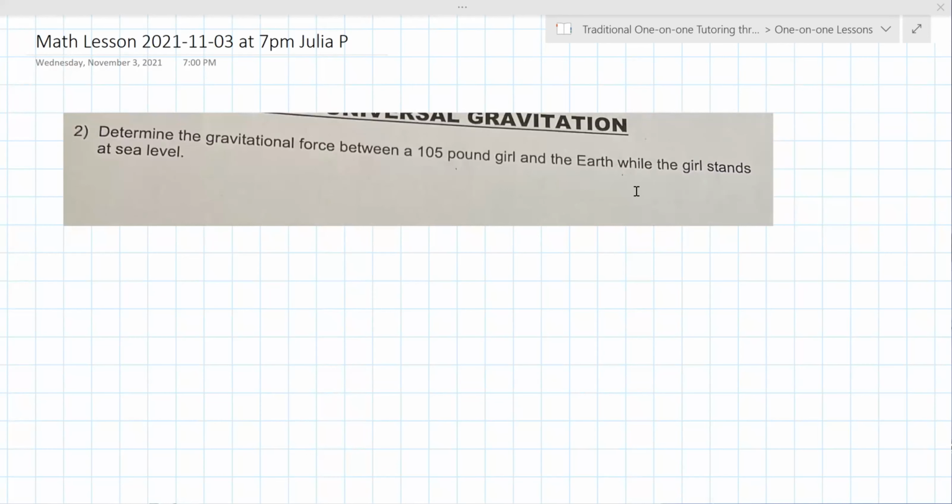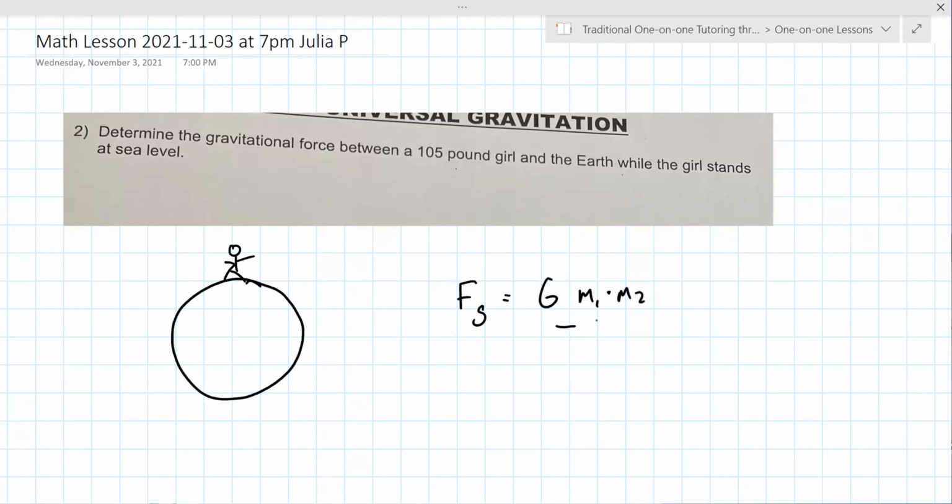The picture here is not to scale, but it's a person standing on the Earth. The formula for universal gravitation is the force between the two objects is G m1 times m2 over the distance squared. You probably saw that in class.